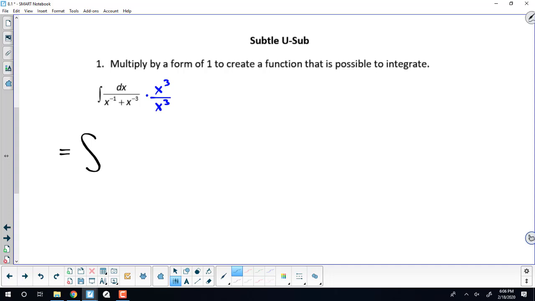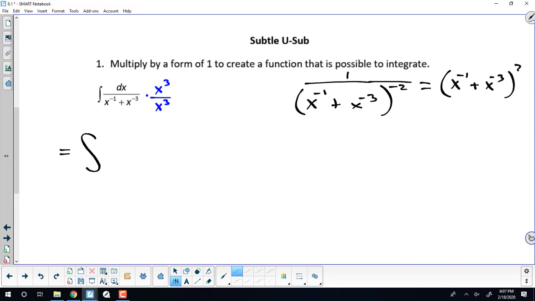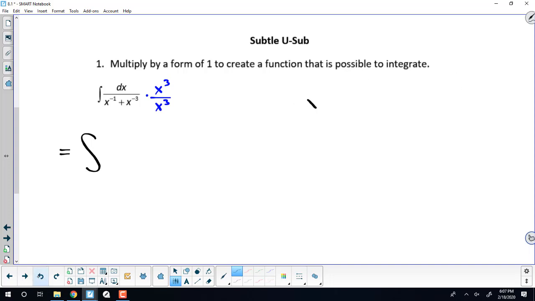If it was x to the -1 plus x to the -3, all of that would have to be to a negative power as well before you wrote it like this. You would still have those negative powers. You can't do that individually because it's added together. Okay, so what we get is x cubed over x squared plus 1.